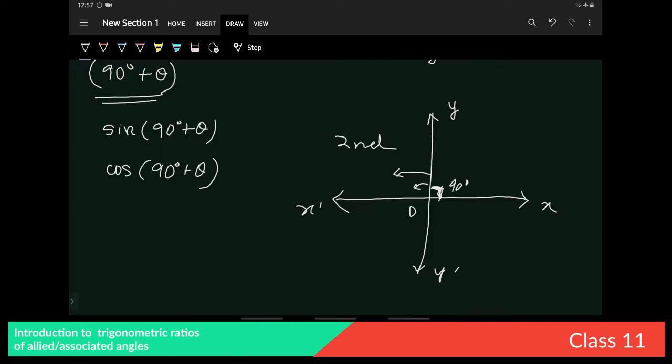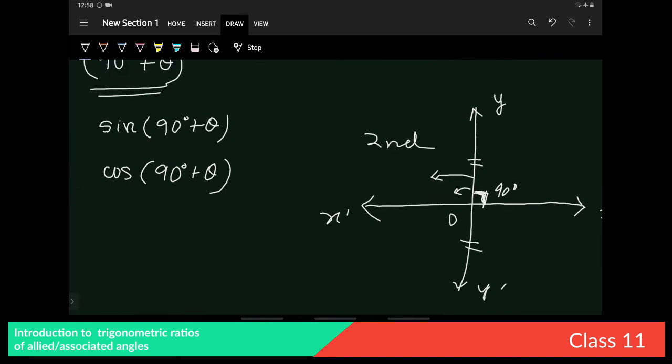So it is 90 plus theta, and this angle is also associated with this y prime line, that is the vertical line. I have written in the working rule that pi by 2 plus or minus theta is associated with the vertical line.